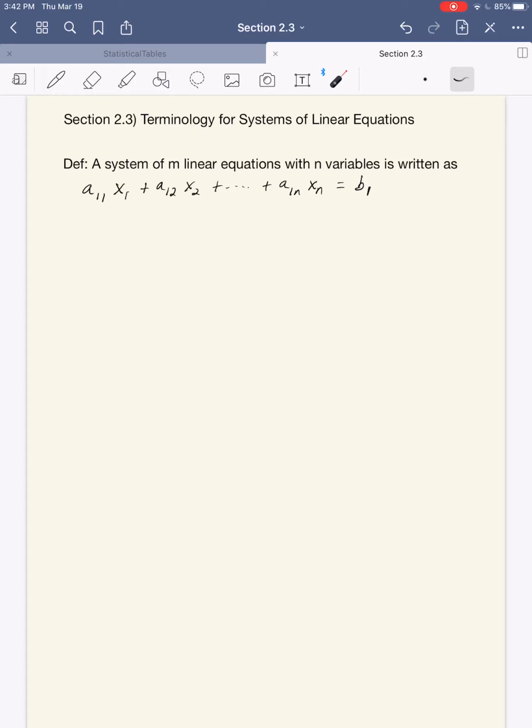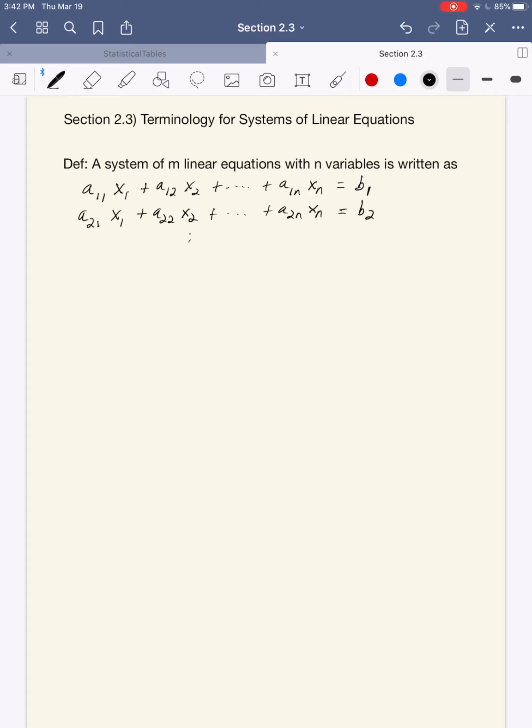Now, of course, what we've written so far is not a system, it's just a single equation. We said that there were going to be m equations, so we'll continue. There'd be a21x1 plus a22x2 plus all the way down to a2nxn, and that would be equal to some other constant b2.